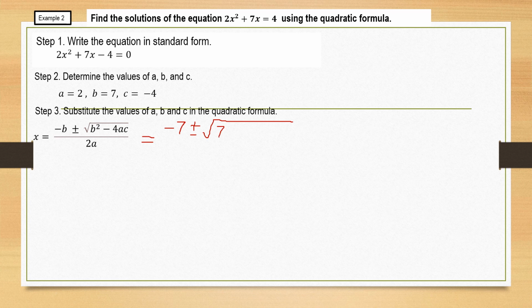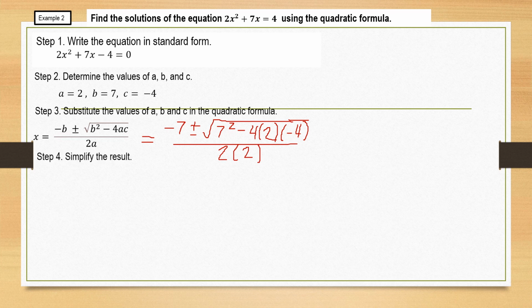So we have 7 squared minus 4 times the value of a, which is 2, times the value of c, which is negative 4, all over 2 times the value of a, which is 2.